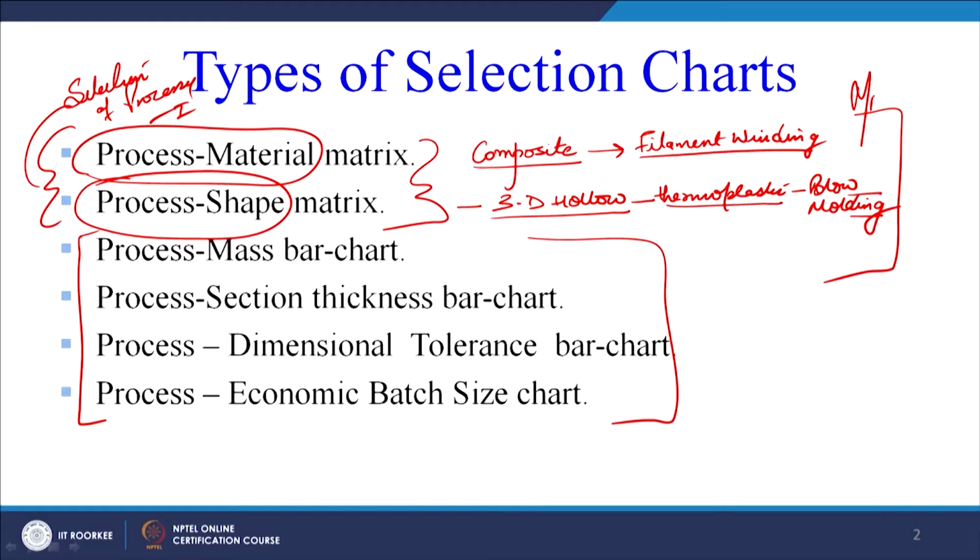First one is the material, already taken care of in the previous session, the shape already taken care of, and today our target is mass, section thickness, dimensional tolerance and the batch size.